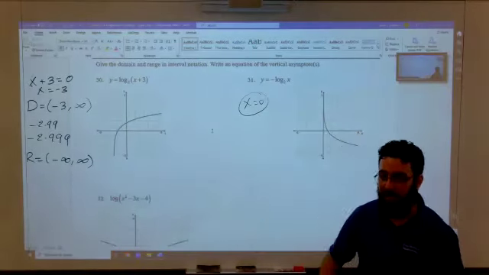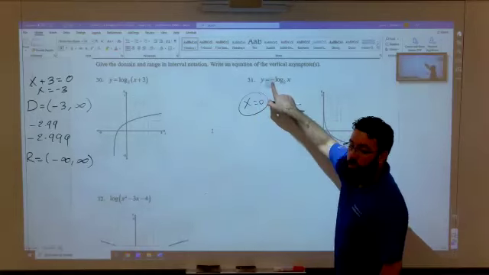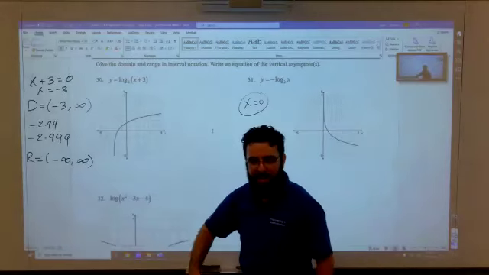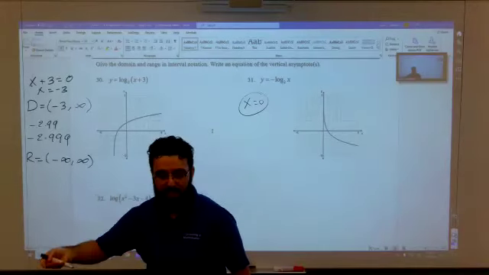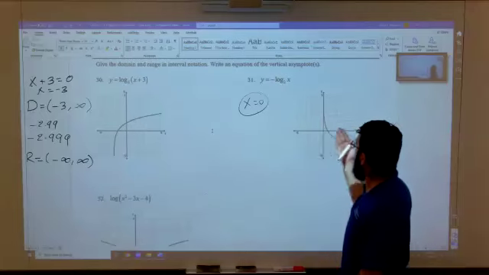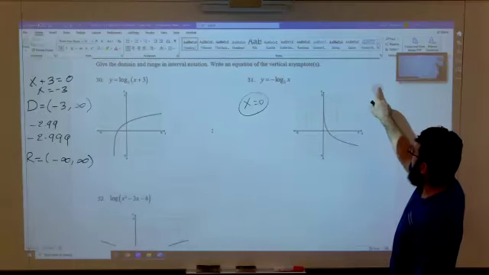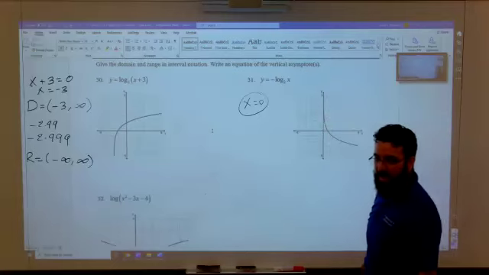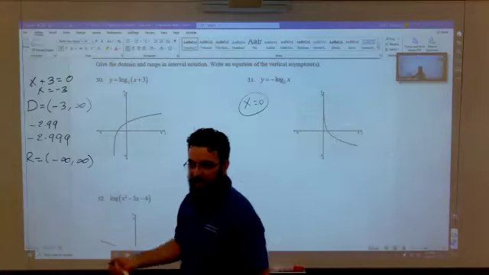Because it's negative. What is the negative sign doing to the graph? It reflects over the x-axis. So the graph, instead of being here, is going to reflect like this. You get the idea? The whole graph is reflected.